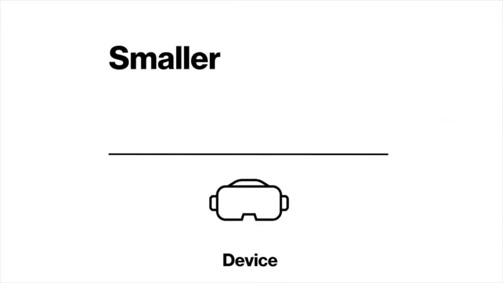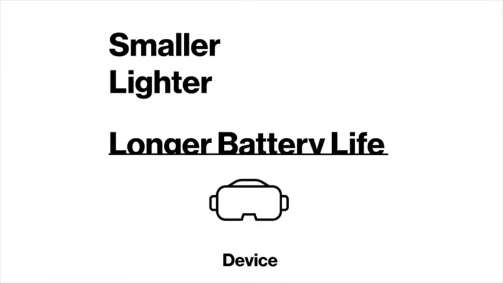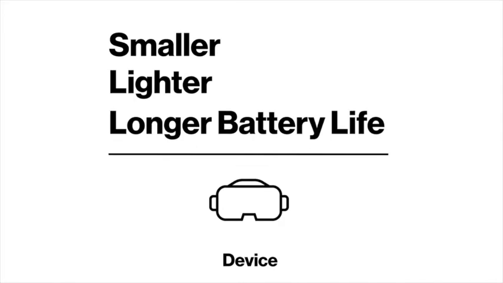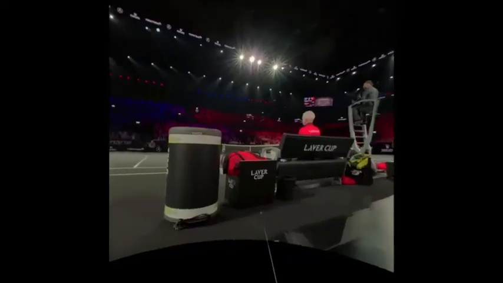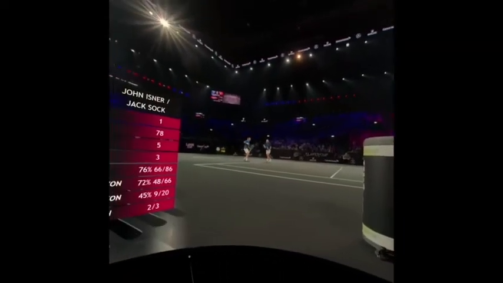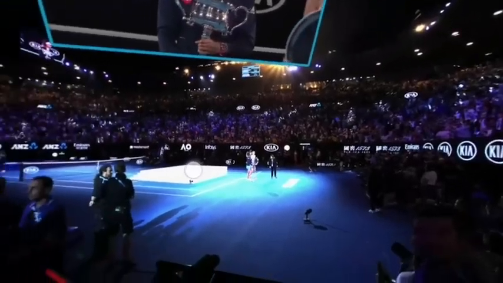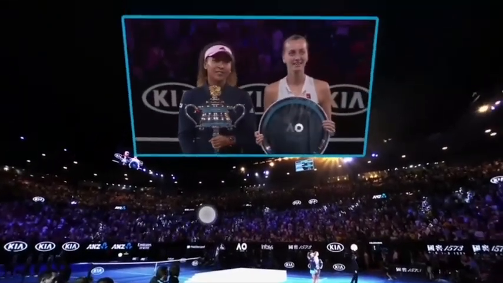So your device can become smaller, it can be lighter, it can have longer battery times. The ideal device that we foresee is going to be something pretty much indistinguishable from your sunglasses. And that will be a device that will cover both virtual reality and augmented reality. It will change the way you watch sports, it will change the way you watch live events. We really think this is going to change the world.